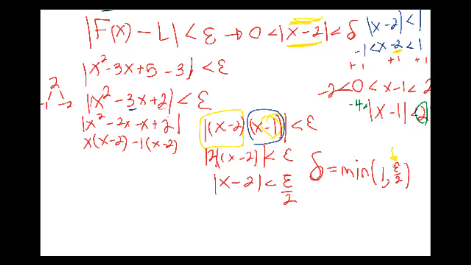For instance, if epsilon was 4, then 4 over 2 is 2, and the minimum between 1 and 2 is 1. If epsilon was 0.2, well, we would have 0.1 here, and the minimum of the two values would be 0.1. That's how the min function works.